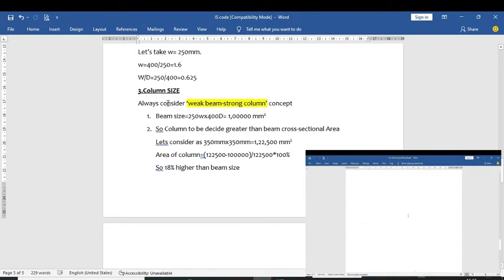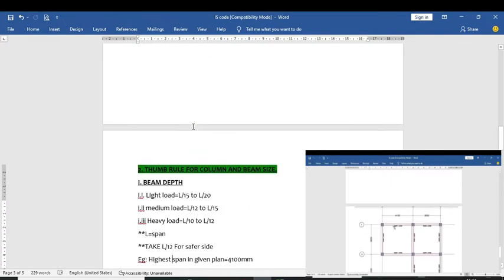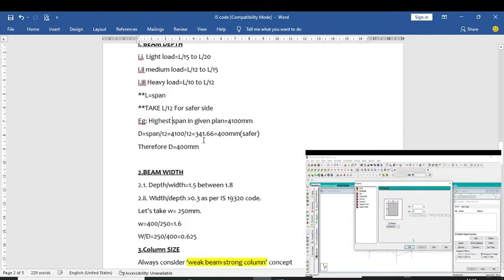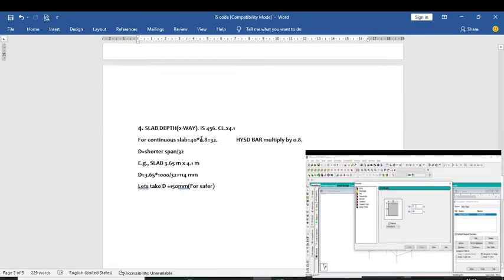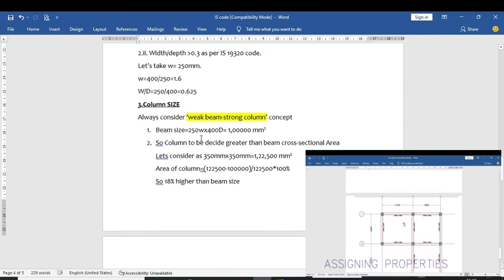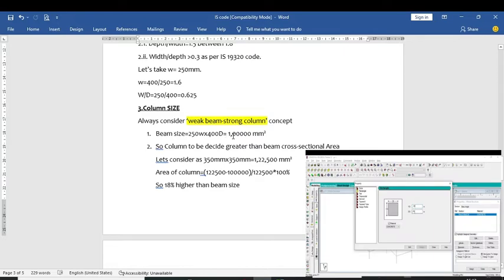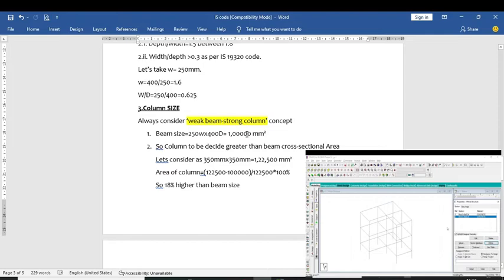So above we have seen the beam size as 250 width times 400 depth for this given plan. Its cross-section area comes around 1 lakh mm square, right?